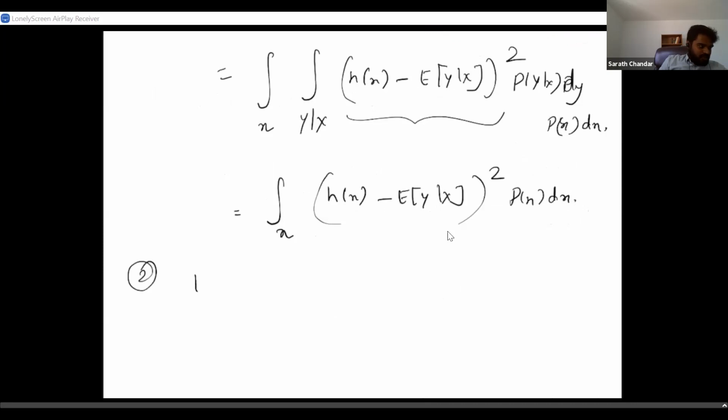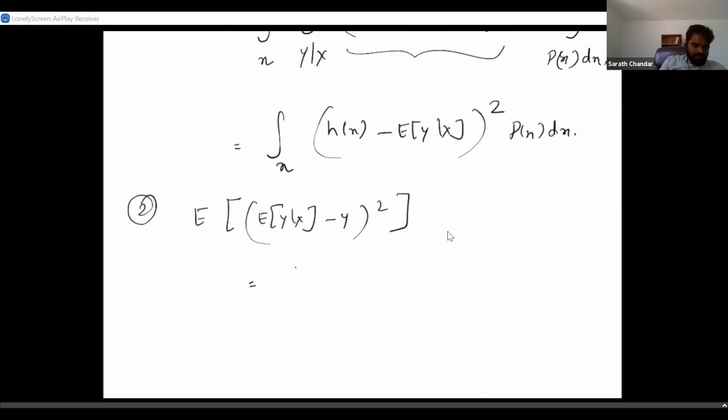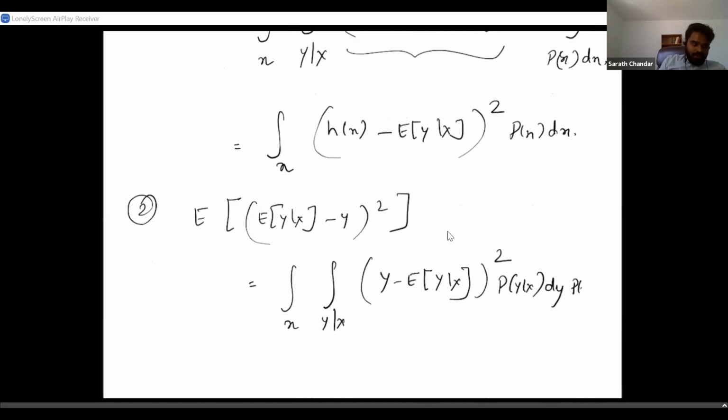Now let's look at the second term. It was given by the expected value of (E[y|x] minus y)^2. So now expand the integral. It's integral over x, integral over y given x, of (y minus E[y|x])^2, it's (a minus b)^2, I just made it (b minus a)^2, doesn't matter, p(y|x) dy p(x) dx.